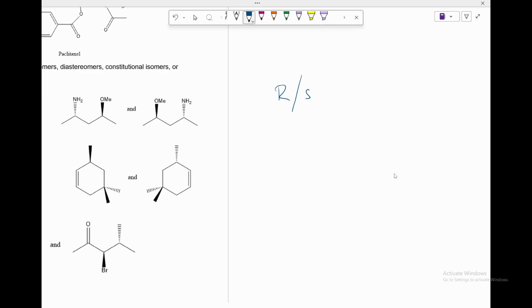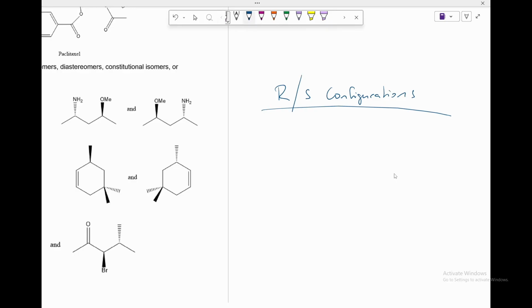So if you're not able to do that, please use R and S configurations. I swear, doing the actual R and S configuration only takes a few seconds, okay? With enough practice, it really should not be that hard, right?